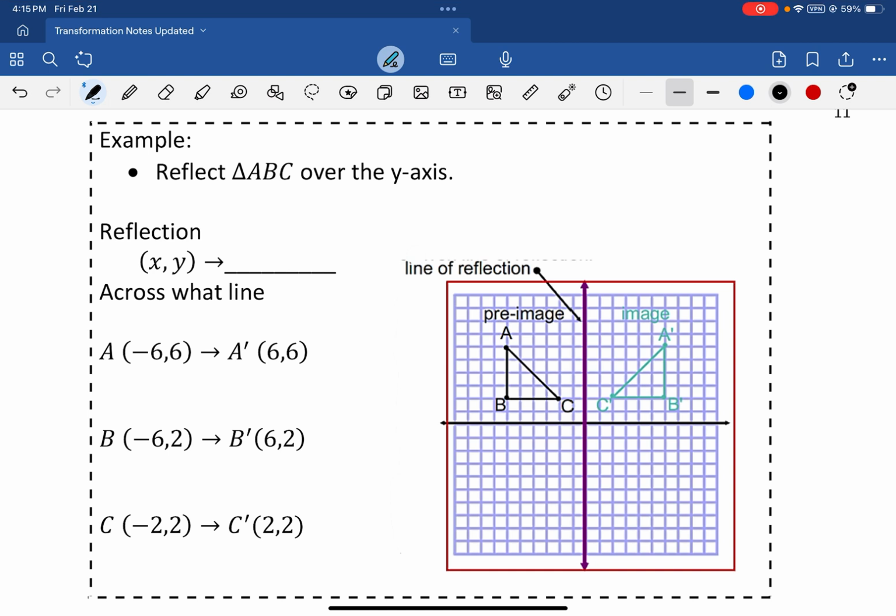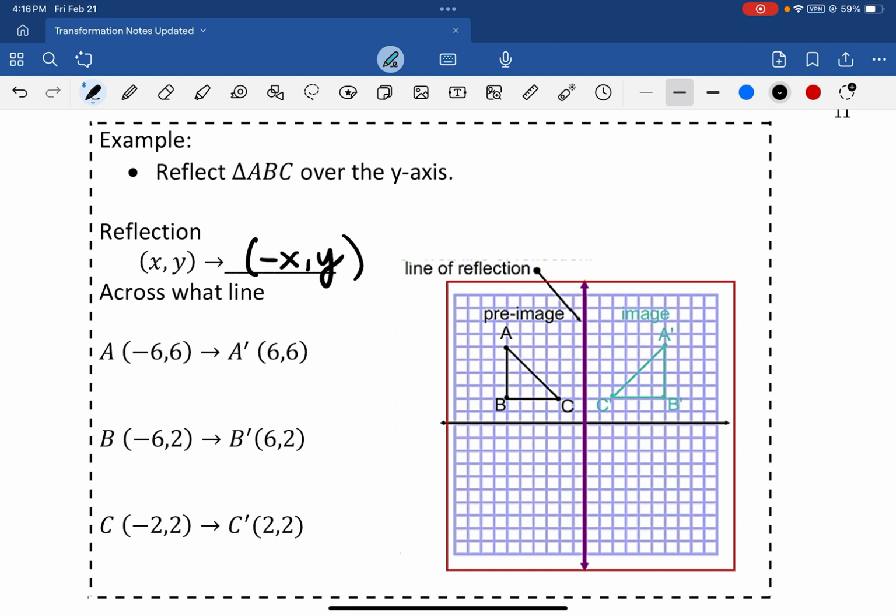Whenever we reflect over the y-axis, our x value changes to the opposite sign, meaning that the rule is (-x, y). So my x just changed what sign it was. It went from a positive to a negative, and if it's a negative, it goes to a positive. My y stays the same.